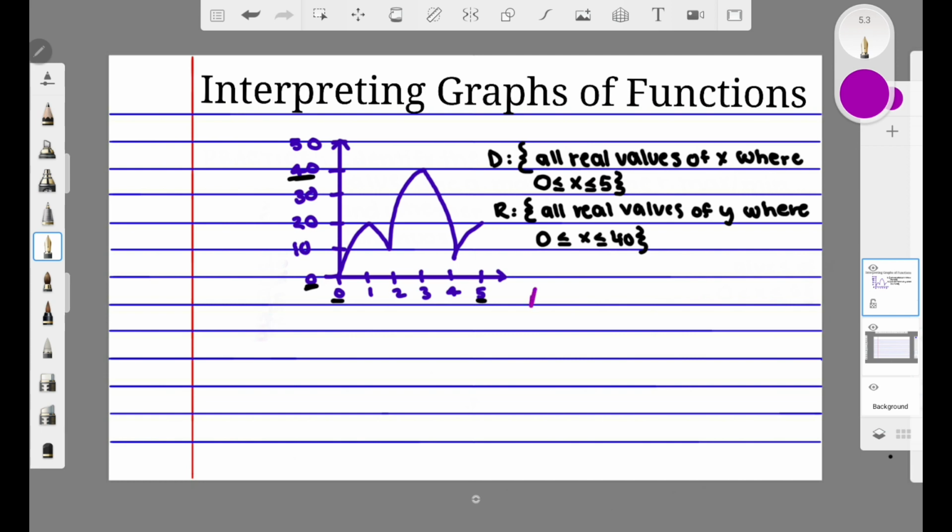All right, now let's identify the absolute maximum. This value right here is the highest point, and that is where y is 40. And for the absolute minimum, the lowest point, again, is 0. And now for a relative maximum, we can look at the domain from 0 to 2 and see that 20 is a relative maximum.